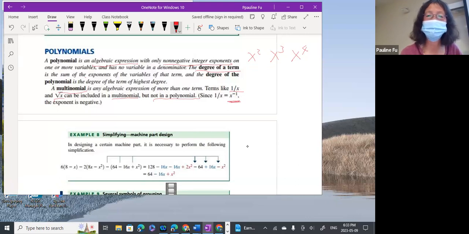You have negative integer exponents. We need non-negative integer exponents. Questions?